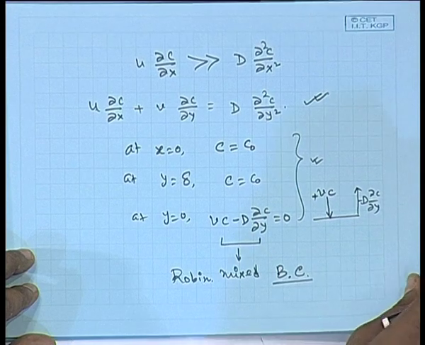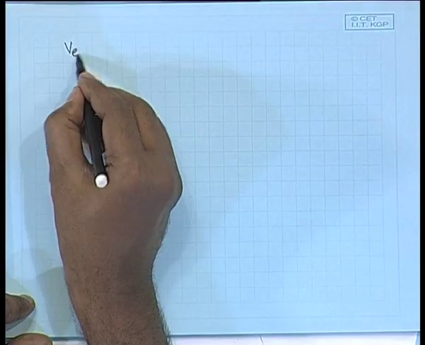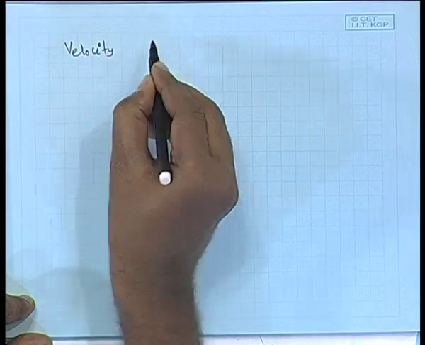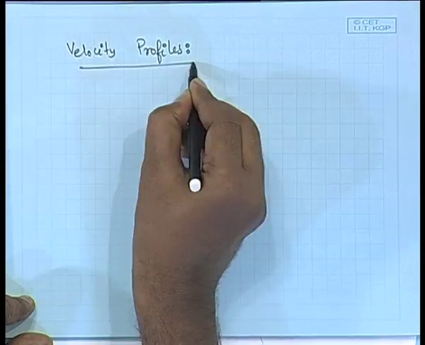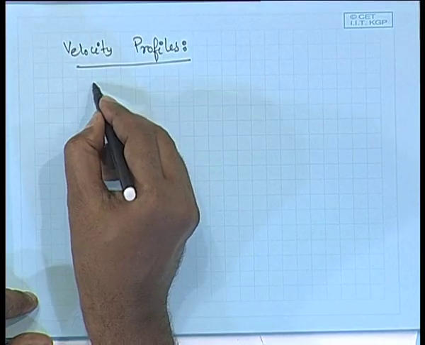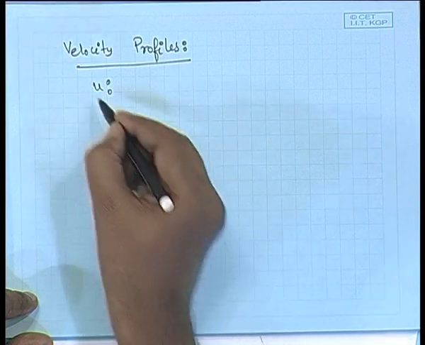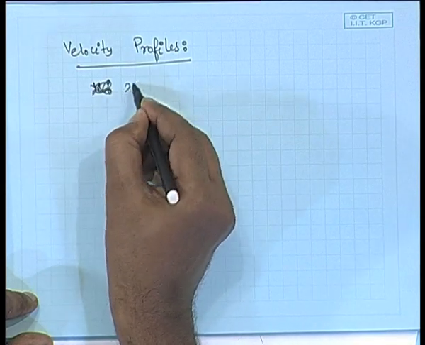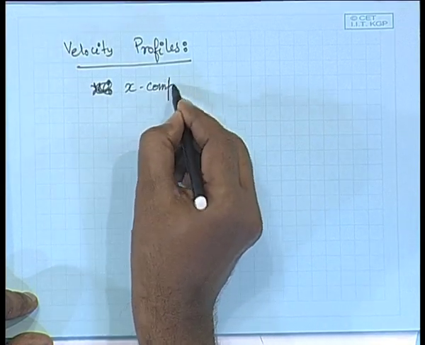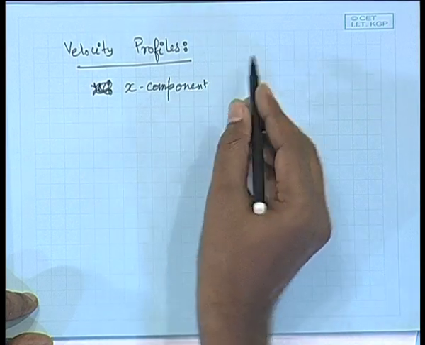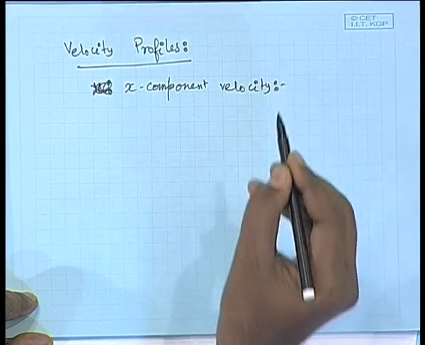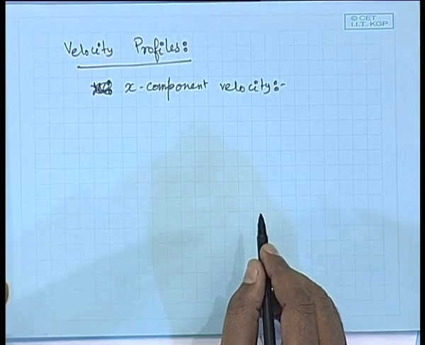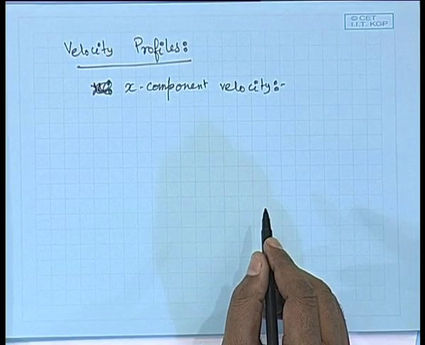Okay. Now, let us look into the velocity profiles. First, look into the x component velocity. For the x component we have assumed it is completely developed flow.